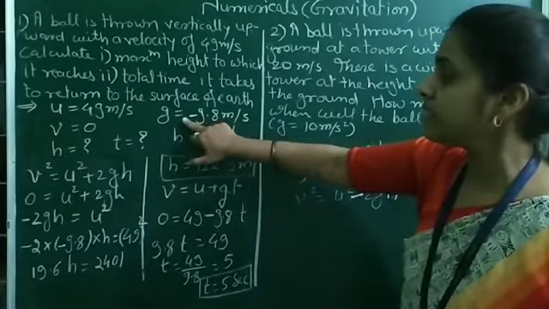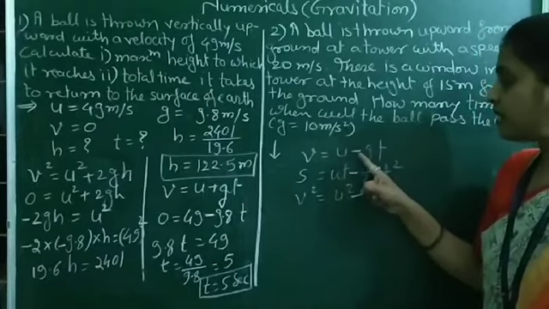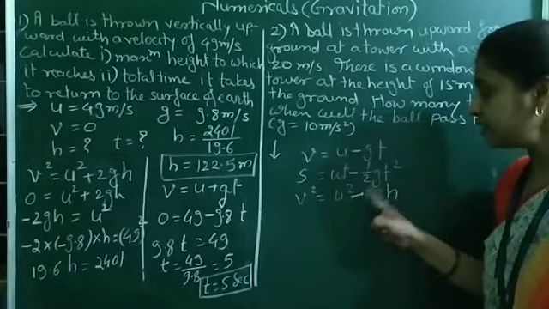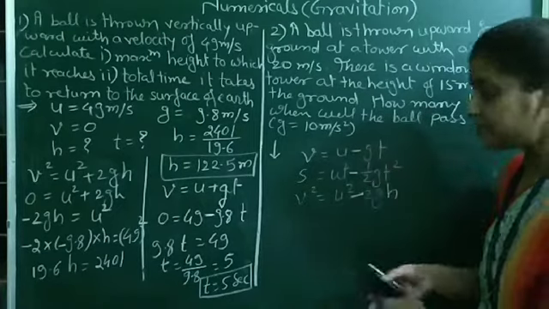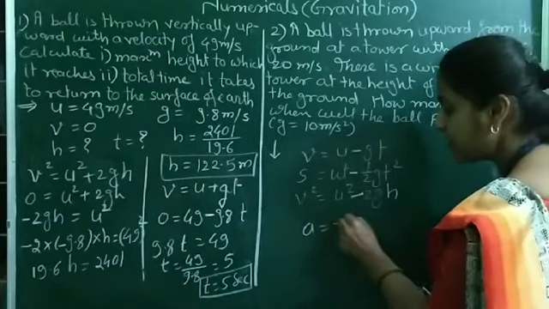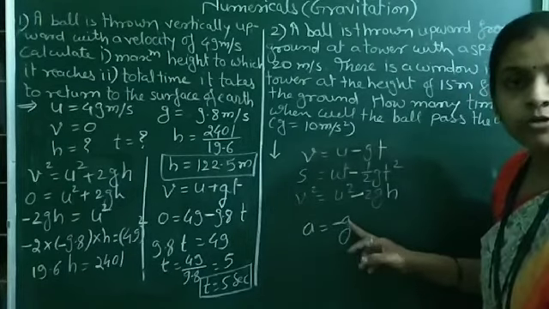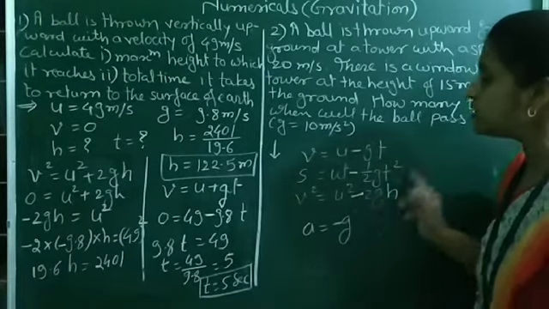If you are using such a kind of equation, then there is no need to take the value of g as negative, because we are already replacing a by minus g. This minus sign is there because a is replaced by minus g. So the value of g becomes minus 9.8 or minus 10 already in this equation.